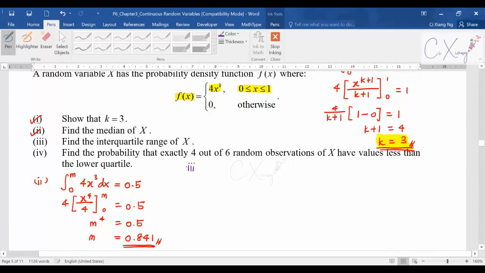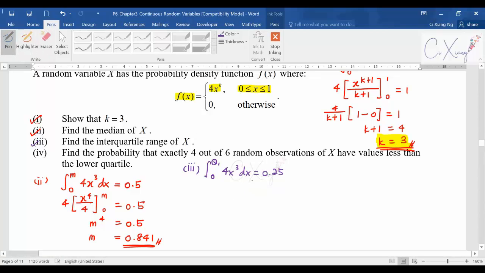Alright, then let's continue to part number 3. They want to find the interquartile range of x. To find the interquartile range, you need to get Q1 and also Q3. Let's start. Q1 means when you integrate from 0 until Q1 for the function x power 3 dx, it equals 0.25. If you do the integration and substitute the value, you will have Q1 power 4.